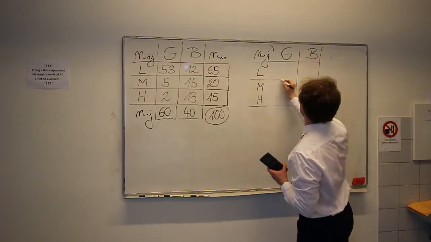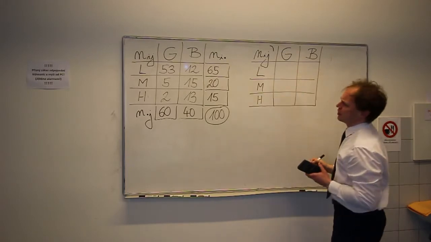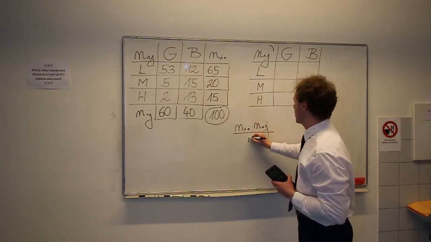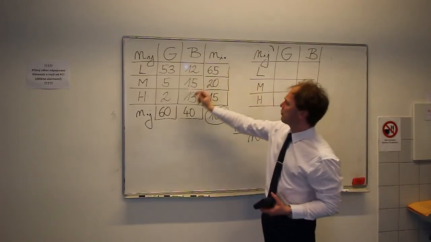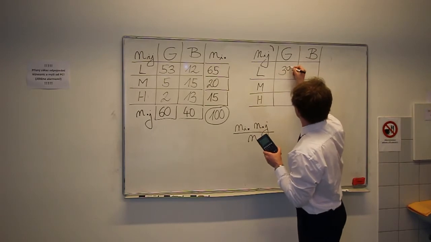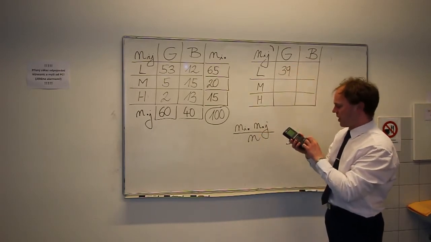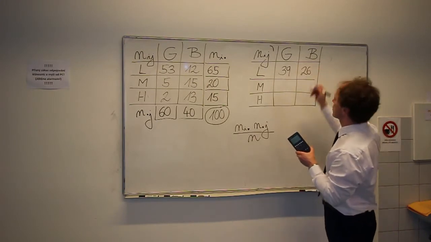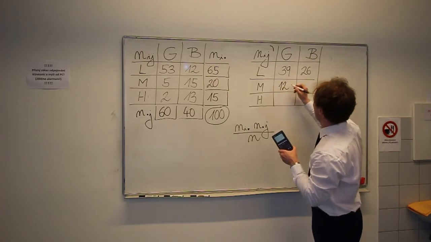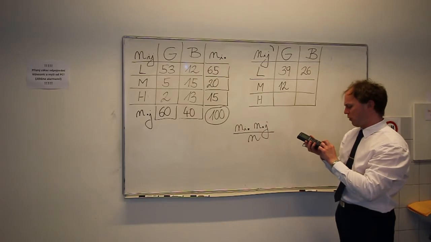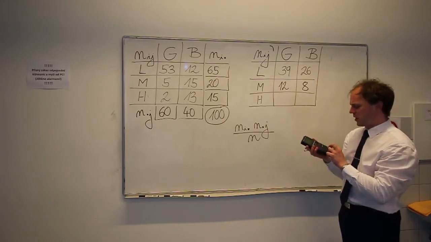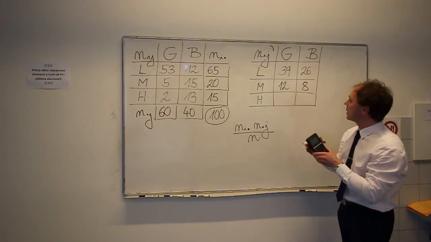We will create the table here, and the recalculation is very easy: NE dot times N dot J divided by N. So 65 times 60 divided by 100 is 39 drivers. 65 times 40 divided by 100 is 26 drivers. 20 times 60 divided by 100 is 12 drivers. 20 times 40 divided by 100 is 8. 15 times 60 divided by 100 is 9.